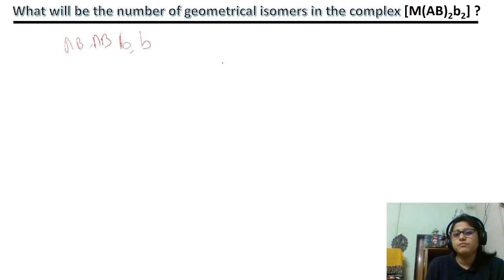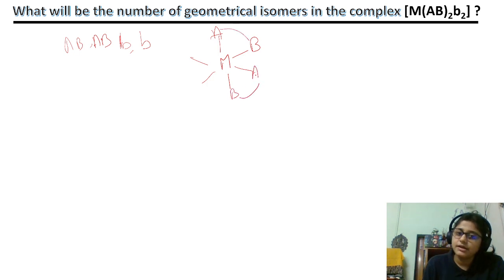Let's try to draw, because otherwise you will get confused if I only say it. First, as I told you, I put AB, again AB, AB there, and only BB, two B, are left. So I'll place that also. Any other possibilities? These two B are cis.